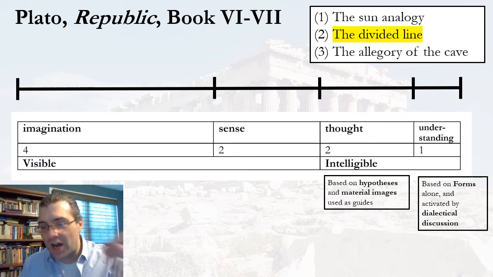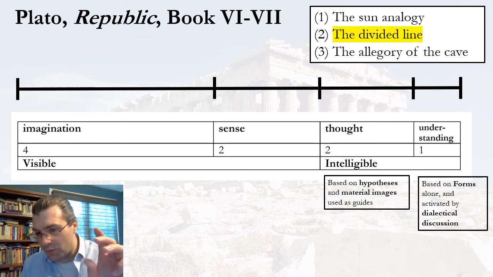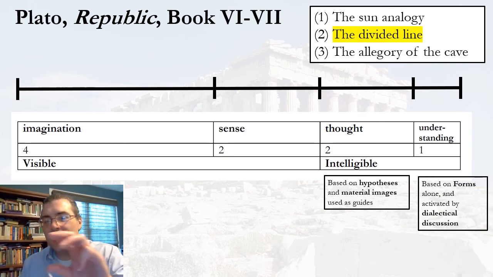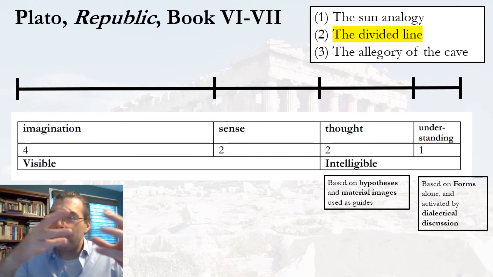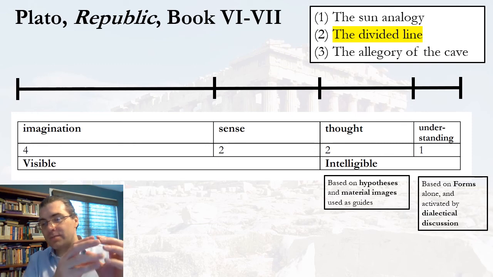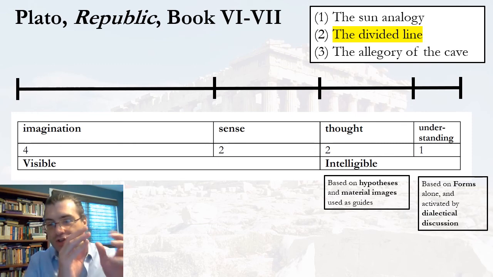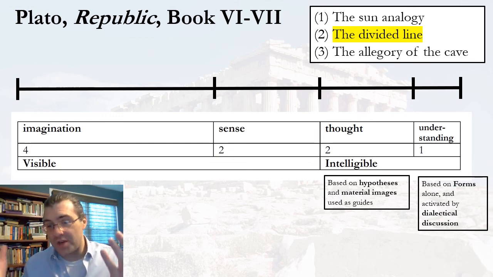By that kind of dialectical discussion, it's as if one is testing ideas all the time, looking for weaknesses or problems with ideas, and gradually one gets a better and better grasp on what the beautiful actually is, on what justice actually is, and so on. And that's how we come to know the forms through doing philosophy, according to Plato.